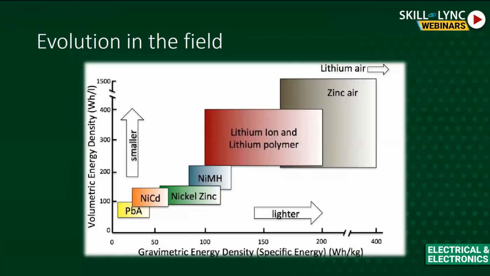Now I'll try to explain what energy density is. Volumetric energy density is like this: if I have a truck battery, it's big, about the size of a table, and it will give me 2 kilowatts of energy.